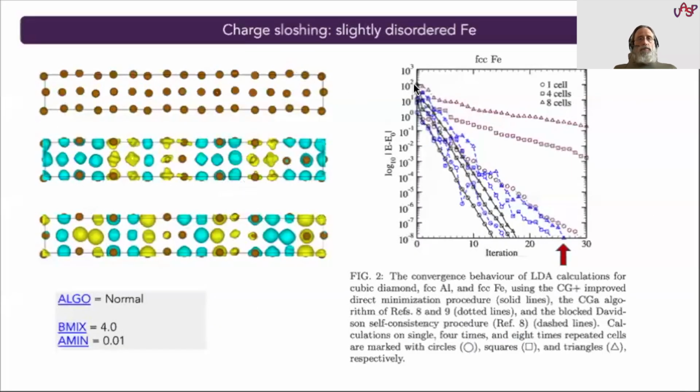So let's go back to our slightly disordered iron supercell and look at what the self-consistency cycle makes of it. For this longer cell, the one that is shown here, these blue triangles are a Davidson calculation. So this finishes for the largest cell in something like 25 iterations. Remember, this was conjugate gradient.